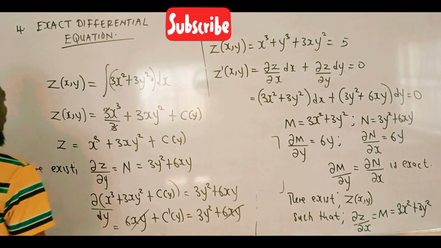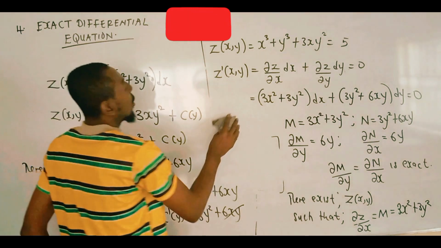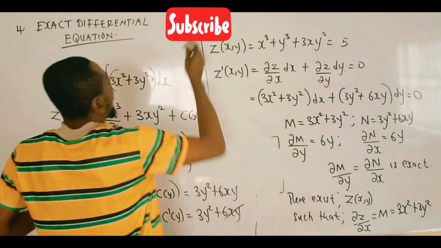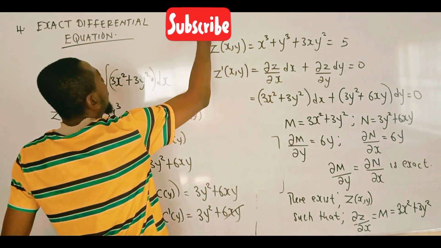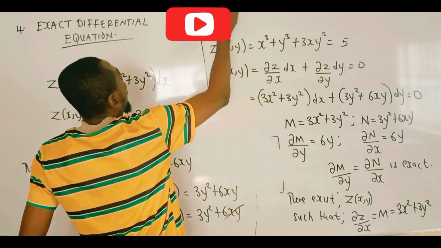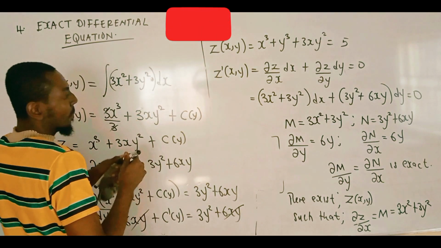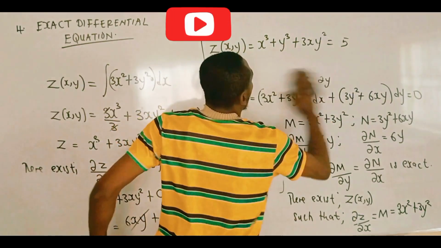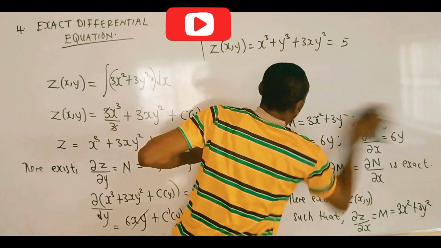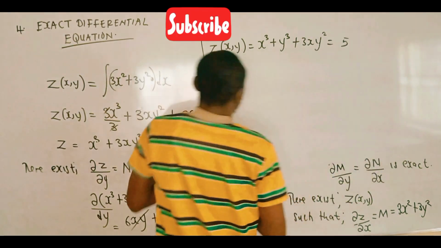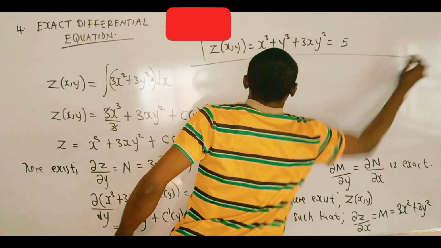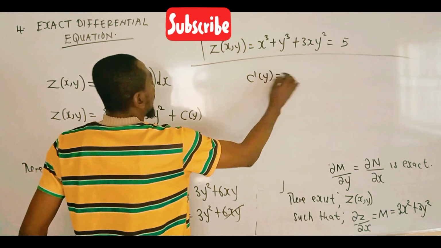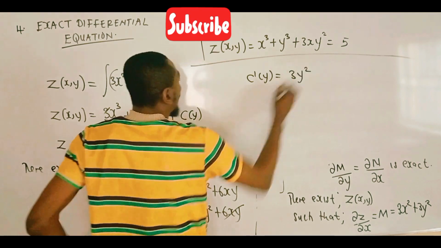Okay. We have to complete the solution. Let's still have our citation here, z of x comma y. Let's still leave our original equation. So we have c prime of y is now equal to 3y squared.